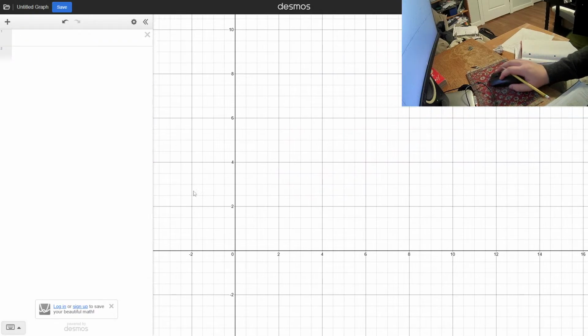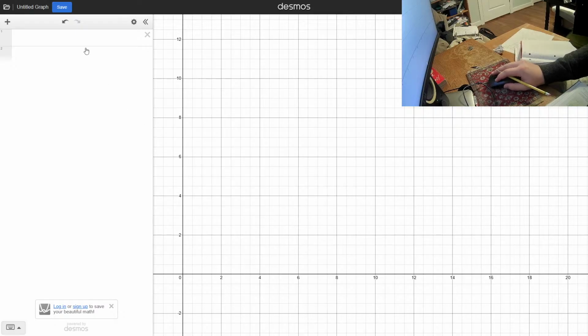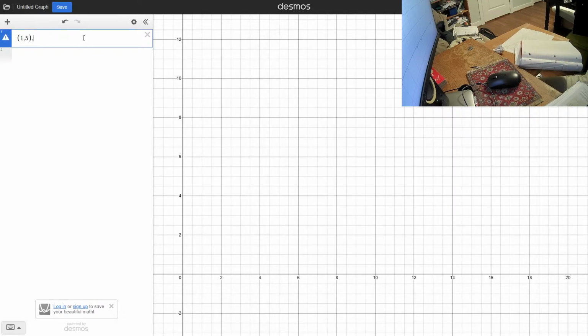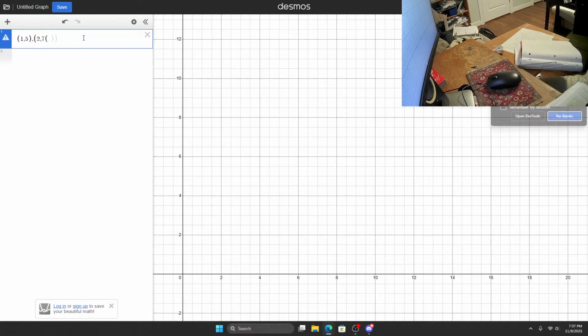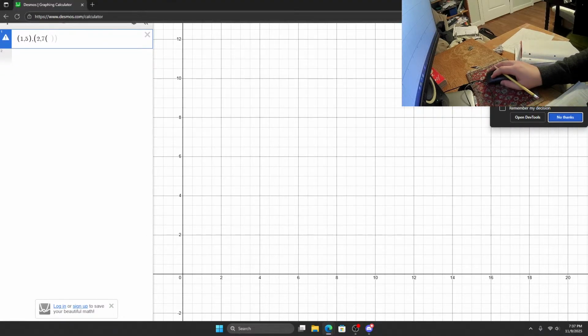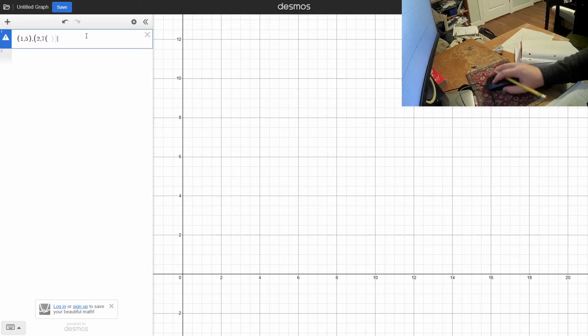Can take the time to give y'all a visual for this next problem. Just gotta type in a few coordinate points. It's not exact. No, I don't want to do that.